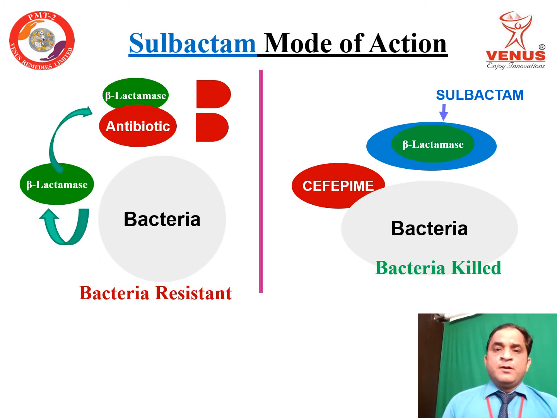Now sulbactam mode of action. So dear friends, in this slide again I would like to link the role of beta lactamase enzyme, how this enzyme helps bacteria to get resistance, and how in this second image sulbactam inhibits this beta lactamase enzyme so that the antibiotic again can do its job.